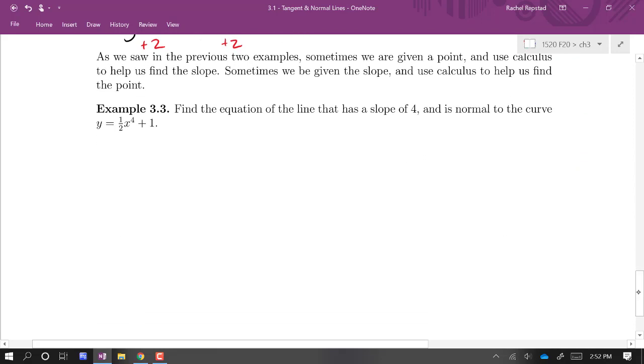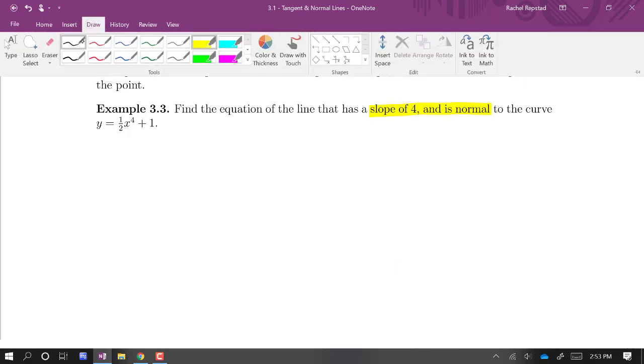So we want to find the equation of the line that has a slope of 4 and is normal to this curve. So they gave us the curve, we know we want a normal line, but this time they gave us the slope. So in the information here, it has a slope of 4 and it's normal.